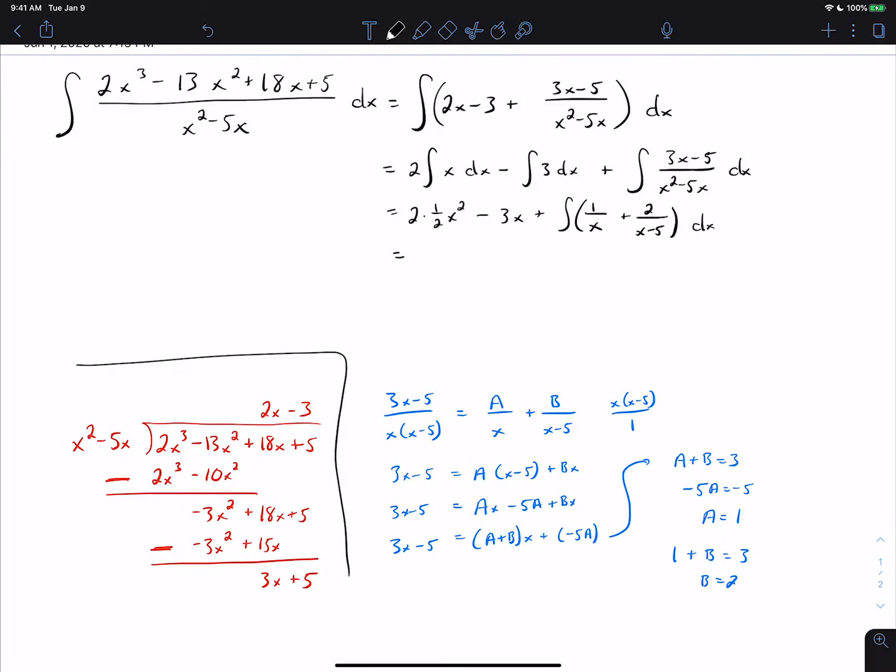We can split that up into two integrals and pull the 2 out of the second integral. That gets us x squared minus 3x plus log of absolute value of x plus 2 log absolute value of x minus 5 plus c.